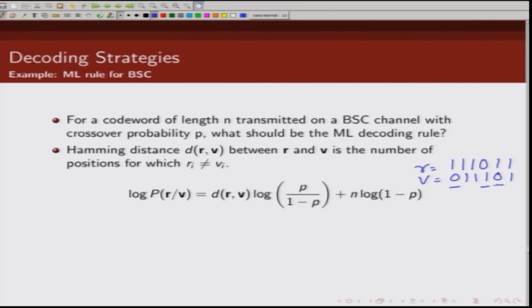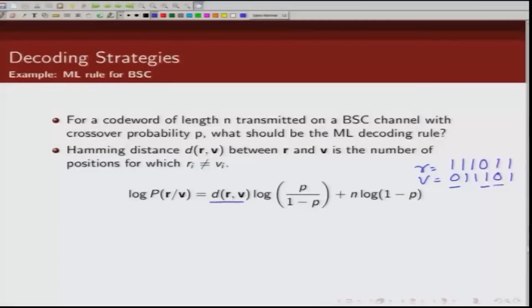Now, when we send an n-bit code word over a binary symmetric channel, what happens? Some of the bits will get flipped with crossover probability p. Let us denote the number of flipped bits by d. The Hamming distance between r and v specifies the locations where r and v are not the same, which are the locations where errors have occurred.